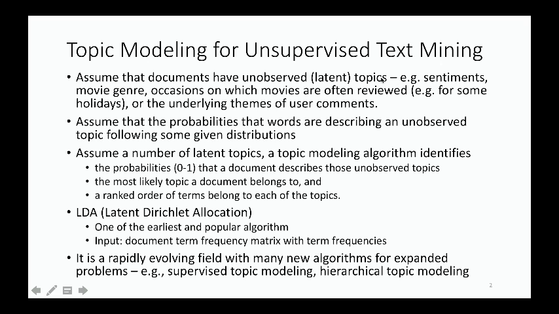So if we think of sentiments as the unobserved topics of a collection of tweets or a collection of reviews, then we could possibly try a topic modeling algorithm to generate documents that belong to, for example, unobserved sentiment topics.